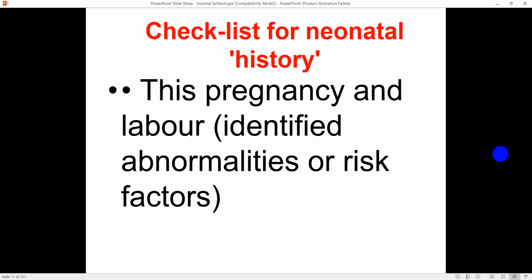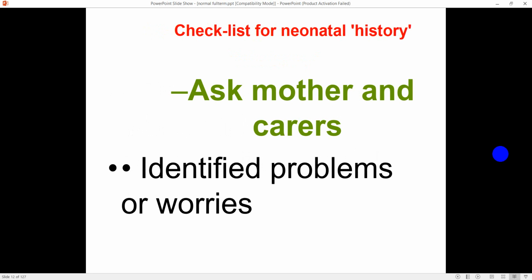And of course, we need to know about the current pregnancy, and the abnormalities or risk factors that the mother may expose during this pregnancy. And need, of course, to ask the mother about the problem or worries about her baby.